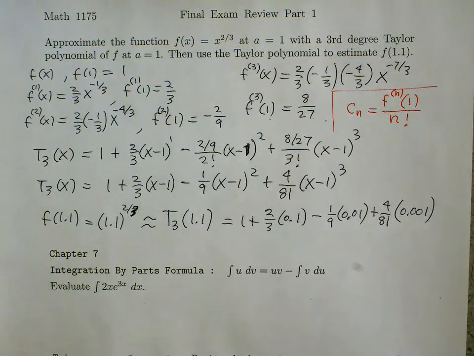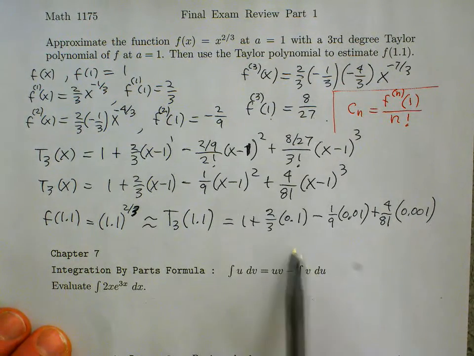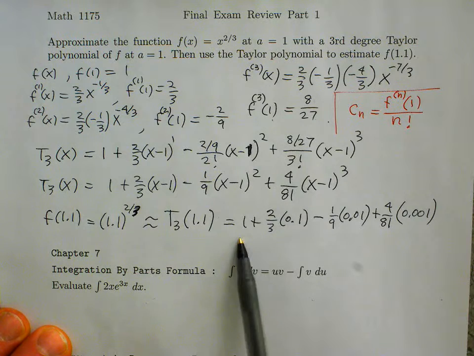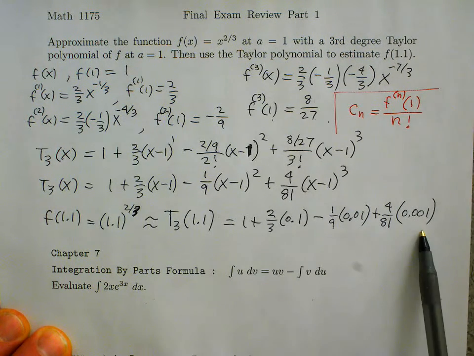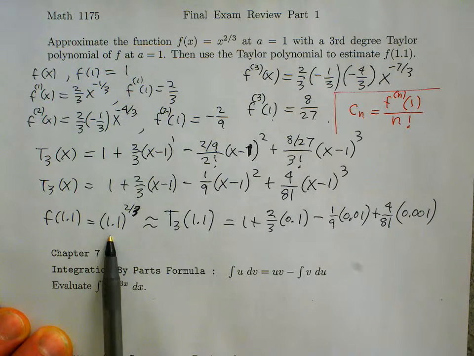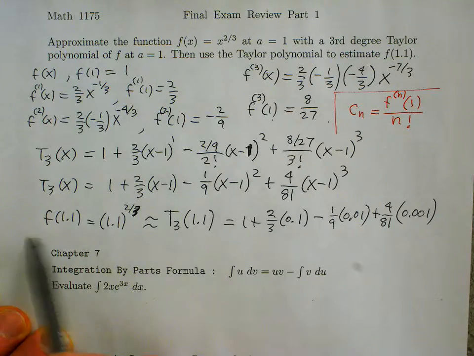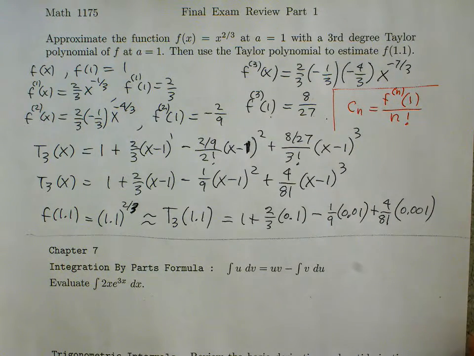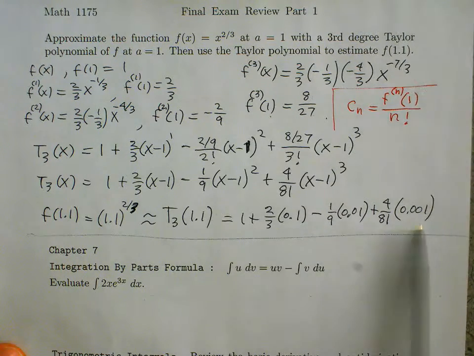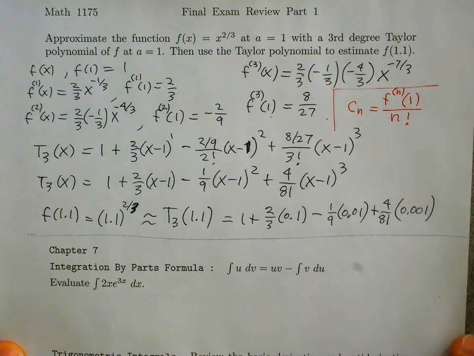But just one note, it looks quite a lot easier to do the arithmetic using the Taylor polynomial than to raise 1.1 to the 2/3. That is evidently one of the reasons Taylor polynomials are used: they are just evaluating polynomials.